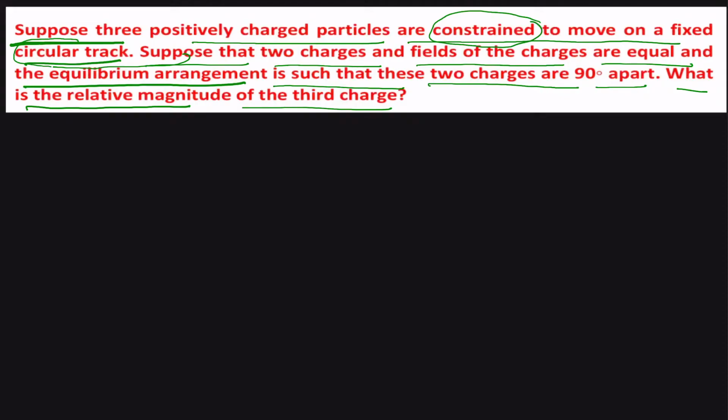So this is a circular track, and let us suppose this is the center, and we have 2 charges, and these 2 charges are 90 degrees apart.